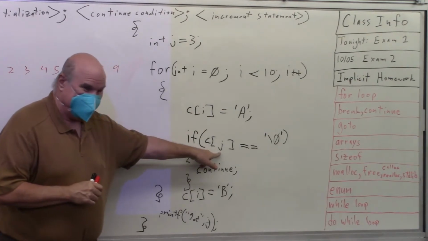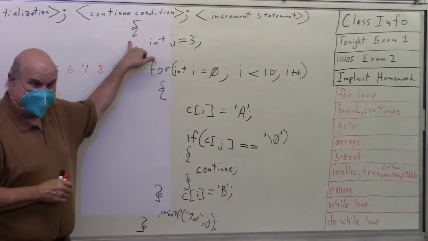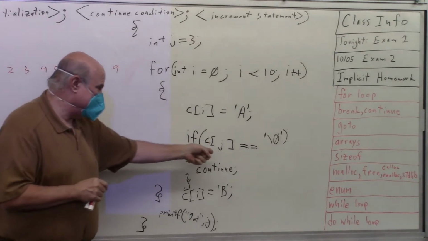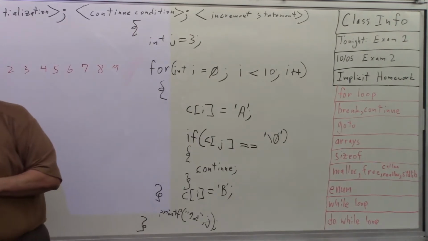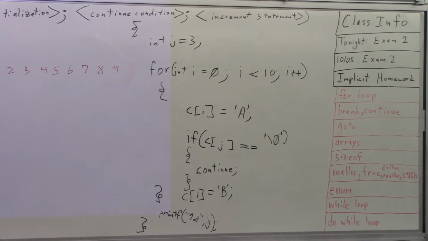Inside this loop, inside this scope, which is inside this scope, can I see j? Will this be valid syntax? 50-50 chance. No. Yes. Yes, why?